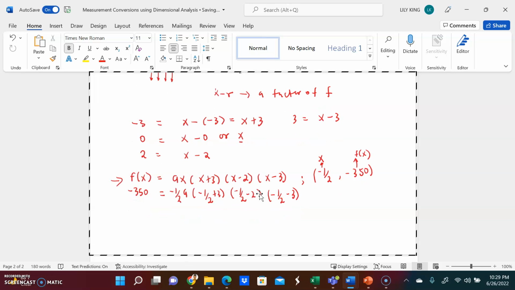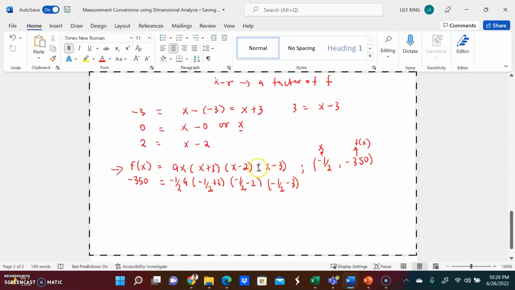Now we're going to simplify. Multiplication is commutative, so I can write this as a times -1/2.